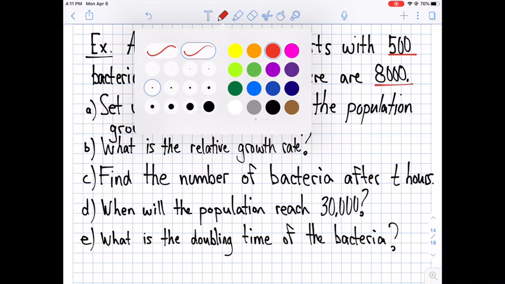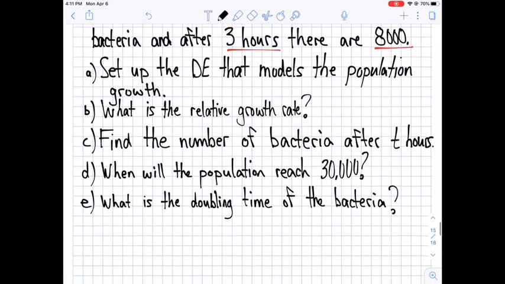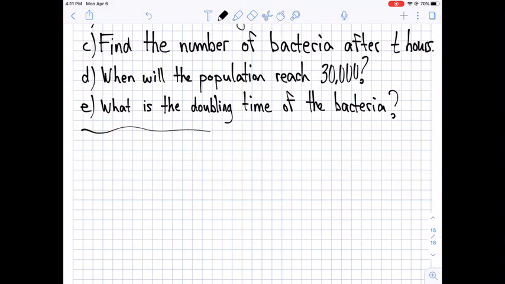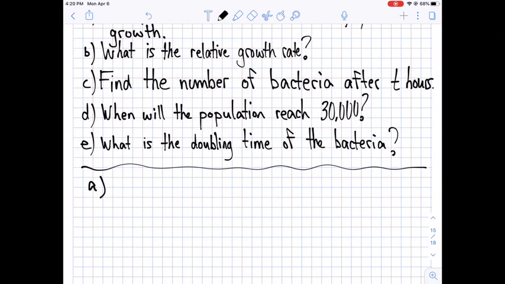So fine, let's take a look at A. Let's choose maybe y to be our quantity, and then we have our differential equation: dy/dt is going to be a constant multiple of the given quantity.